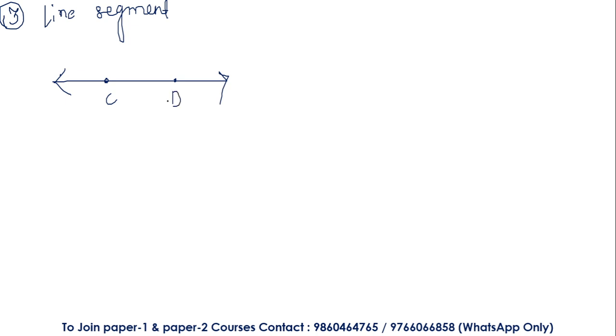If we consider this particular part as fixed, we can extend the other part again with limitless extension, same as in case of a line as we have seen, okay. A and B can be extended as per our convenience, but CD is going to remain fixed. This is called a line segment. I hope you have got the line segment.